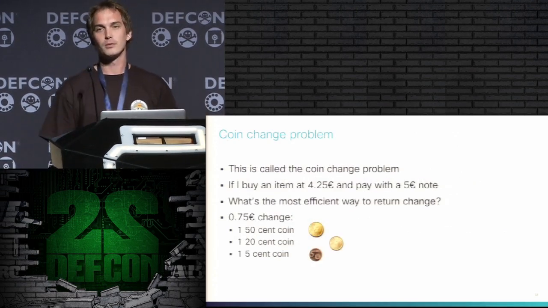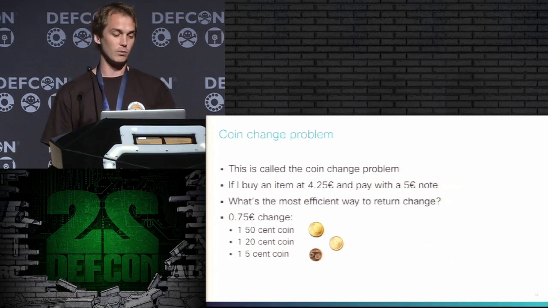This problem seems pretty simple because for a human, we do it all the time. But for a computer, it's pretty hard to get it to do that. It's called the coin change problem, and it took me a while to figure out that it was what I was looking for. The example is really simple. You buy an item at 4.25 euros and you give a 5 euro note. I'm from Europe.